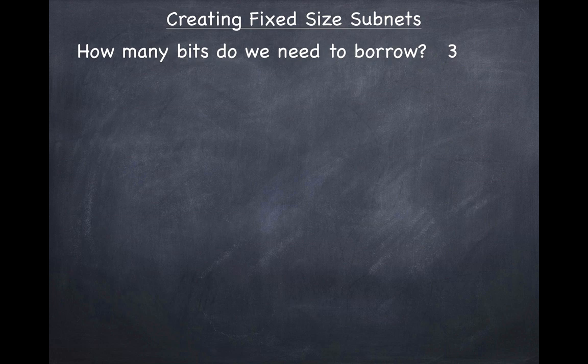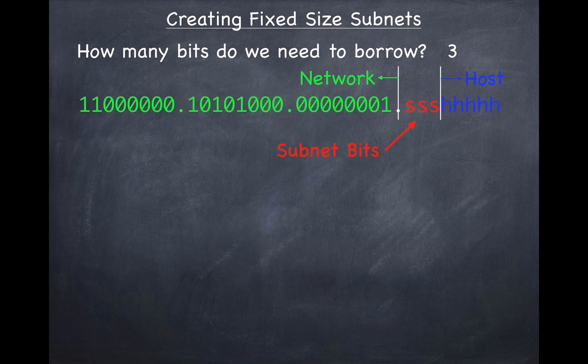The answer is 3, because 2 to the 2 is 4, which is not enough, so the next one up is 2 to the 3, which is 8. We already have our network as the /24. I'm showing the subnet bits that we need to borrow in red, and of course the host bits are still in blue.